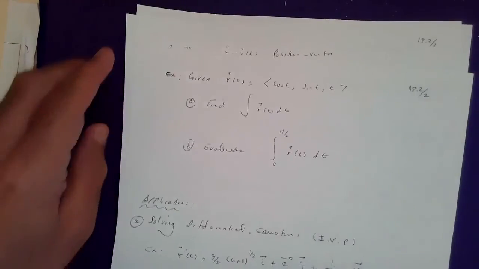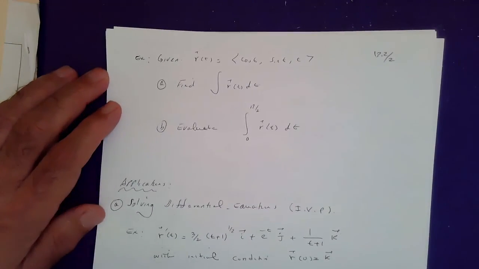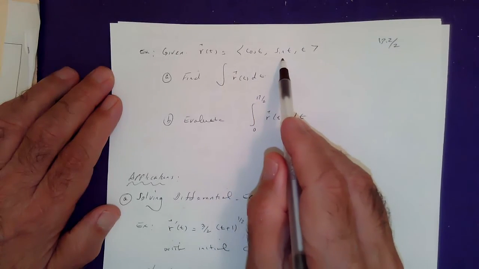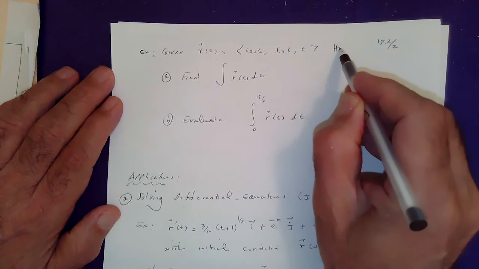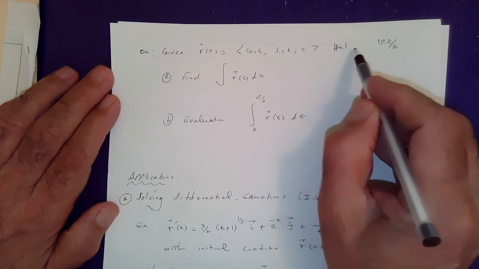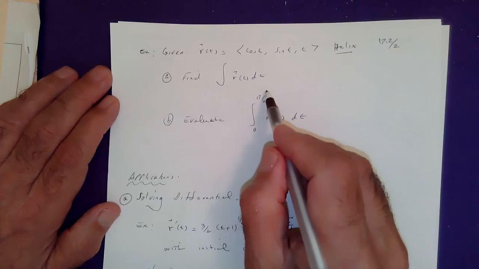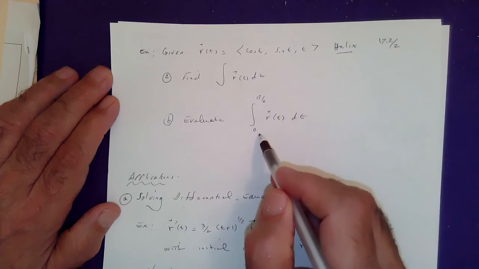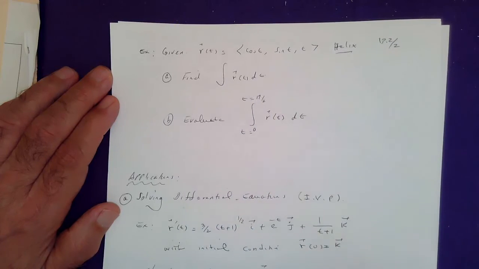The next idea is, let's do an example so we can see this in action. Here is r of t, which is cosine t, sine t, t. Remember, that's your infamous curve, the helix. Find the antiderivative in general, and then find the same antiderivative evaluated with t going between 0 and pi over 2.